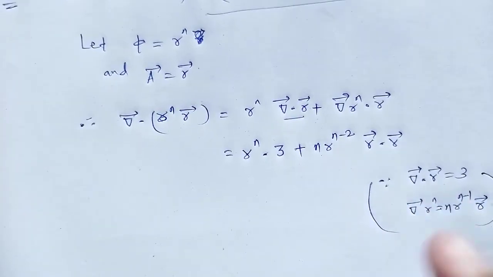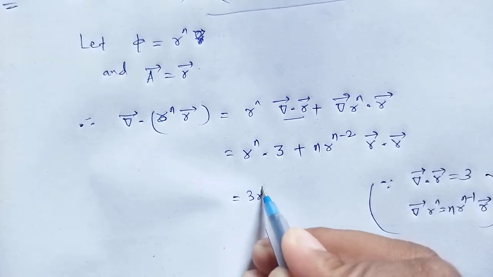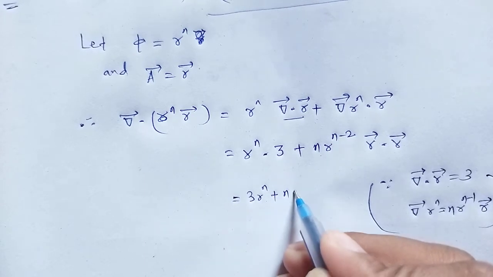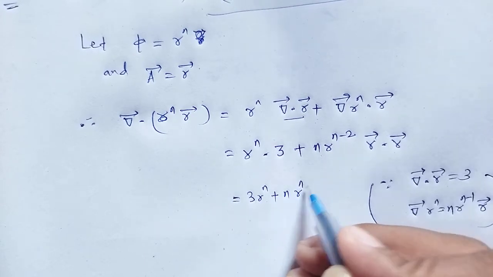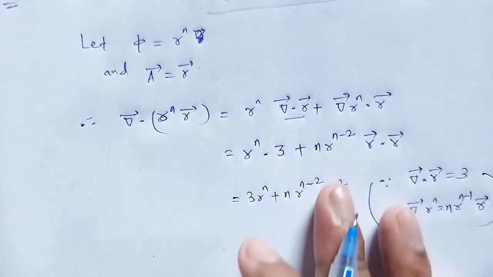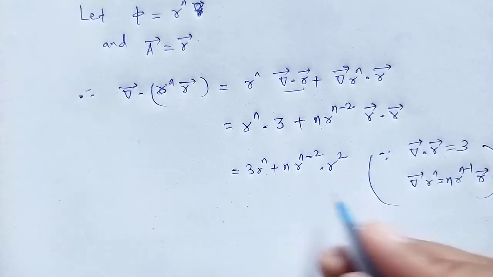These are discussed. That's why I can write 3 R to the power n plus n R to the power n minus 2 R dot R, that is R square, dot product of the same two vectors.